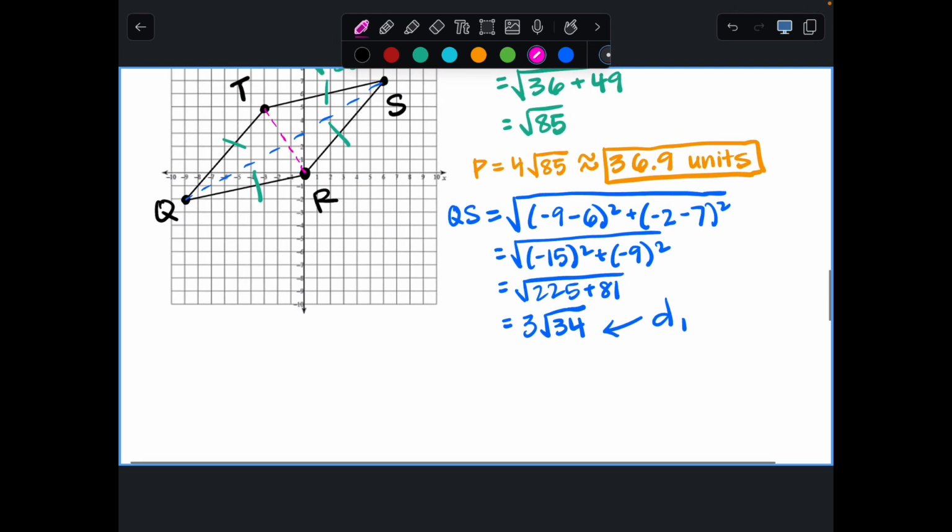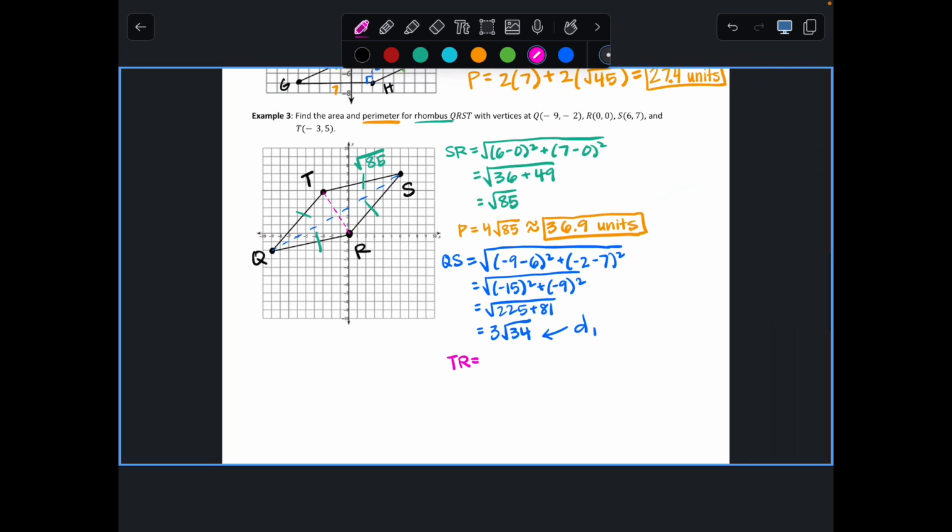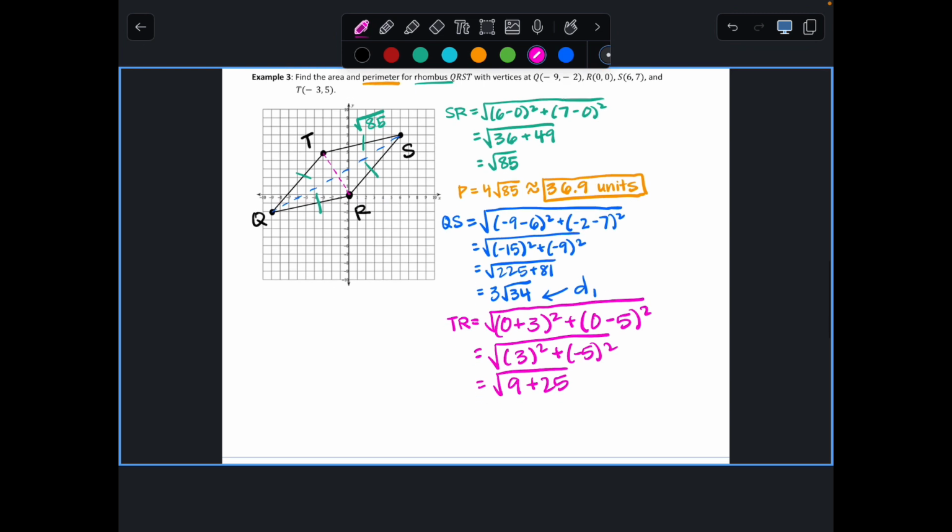Now let's find the distance between T and R. This one's the square root of 34.